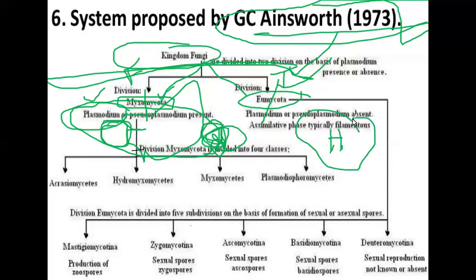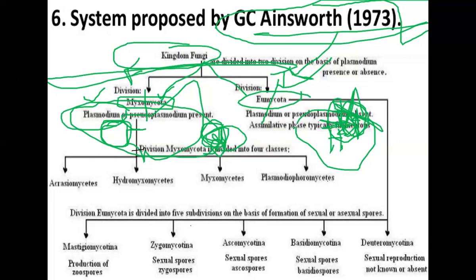Hyphae, mycelium, we have studied. What does mycelium mean? A hyphal network. The interconnecting of the hyphae forms a net-like structure, which is called mycelium. Eumycota has the true fungal characters, a true cell wall and all the remaining fungal characters.